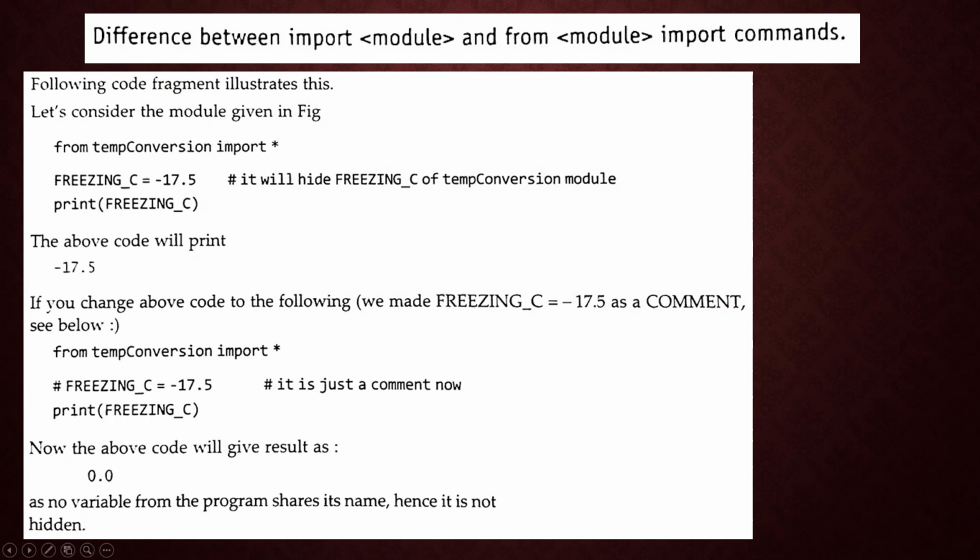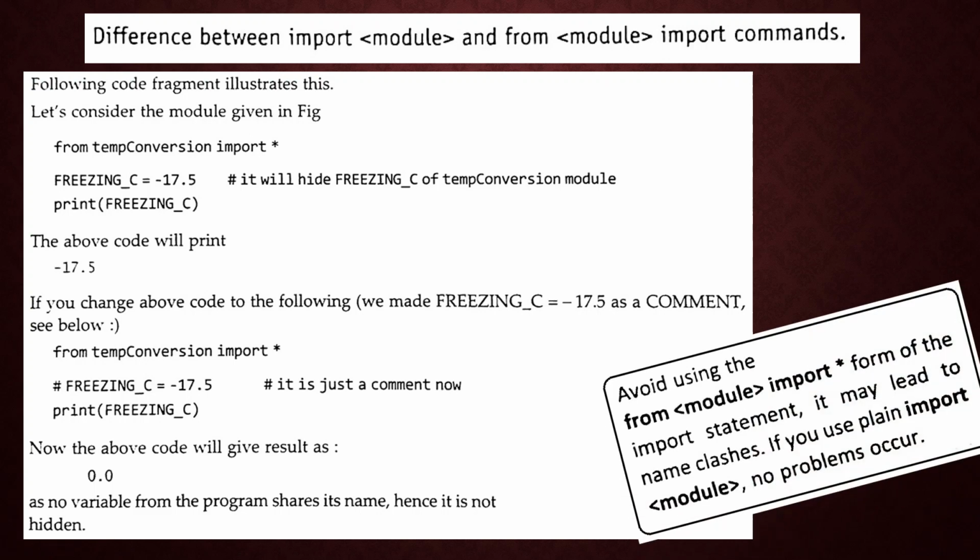And in case that particular statement is used as a comment, automatically it will print the default value, which is 0.0. As no variable from the program shares its name, it is not hidden. Okay, we'll see the next. Avoid using the from module import star form of the import statement. It may lead to name clashes.